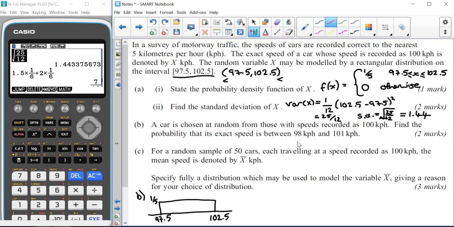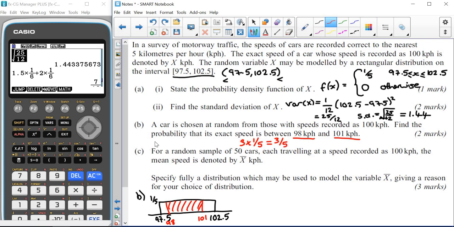So we were looking at between 98 and 101 kilometers per hour. So we're looking at this area here. So the width of that area is 3 and the height is a fifth. So our probability is 3/5.